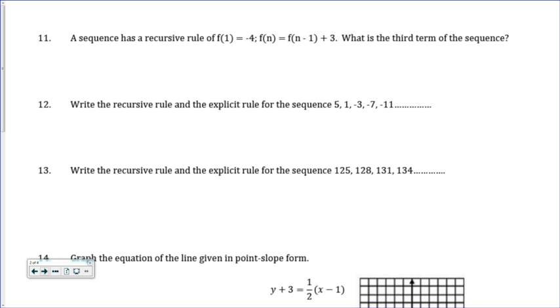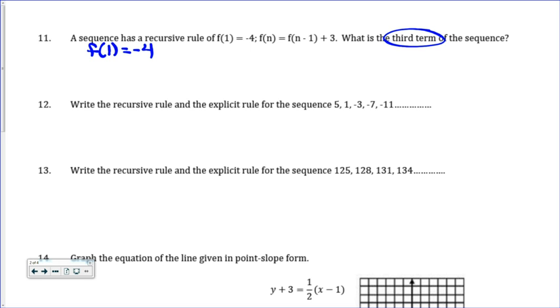Next, number 11, we're going to look at a recursive rule. The recursive rule tells us f of 1 equals negative 4 and f of n equals f of n minus 1 plus 3. What is the 3rd term of the sequence? Remember with the recursive rule, that's the one where we have to go through each position until we get to the one they're asking us for. So I have to start at f of 1.